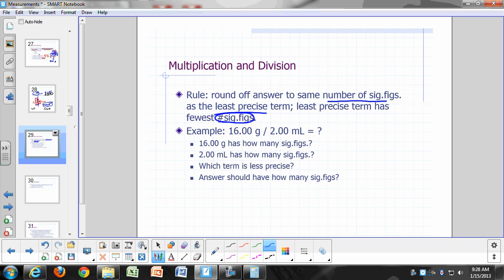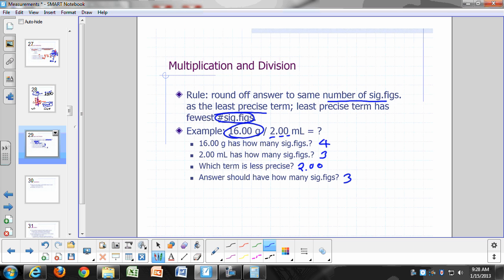All right, so 16.00, for example, 16.00 grams divided by 2.00 mils. So we're doing division, so we count sig figs. 16.00 grams has 4 sig figs, and 2.00 has 3 sig figs. So the less precise term is 2.00, so our answer should have only 3 sig figs.